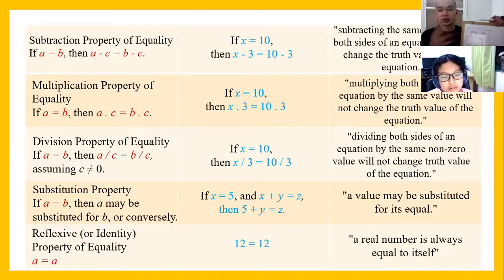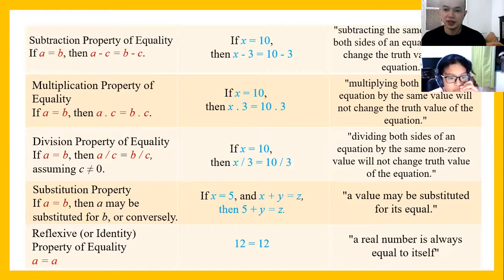All right, Kristel is equal to Kristel. Sir Eric is always equal to Sir Eric. It's nobody else. We call that the reflexive property of equality. Even twins are not equal to one another. They have some differences. So it's always just yourself equal to yourself. Okay, Kristel? You get it?